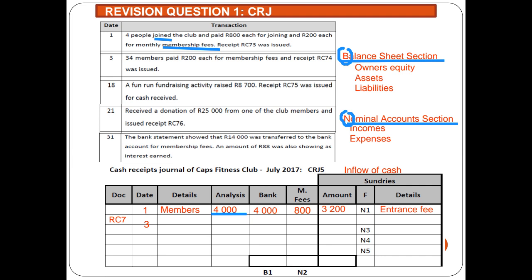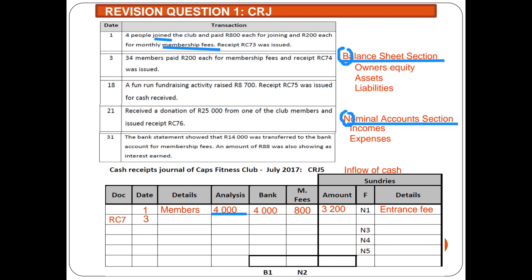Okay. So that 200, we're going to multiply it by 34. 34 members, as you guys can see. I don't think there's anything that has to go to the Sendry account because we already have the membership.